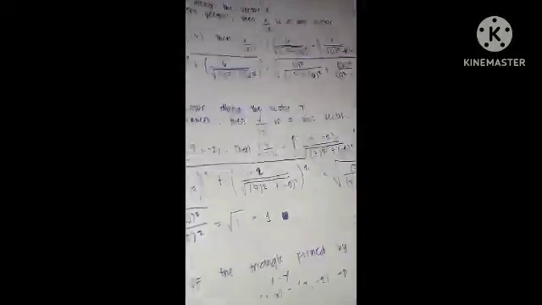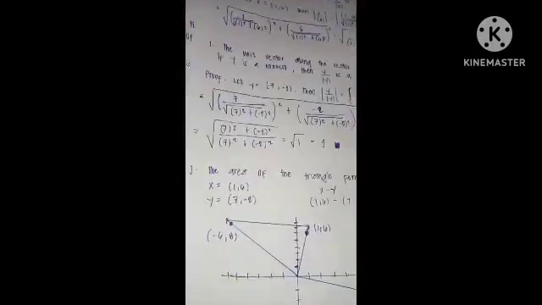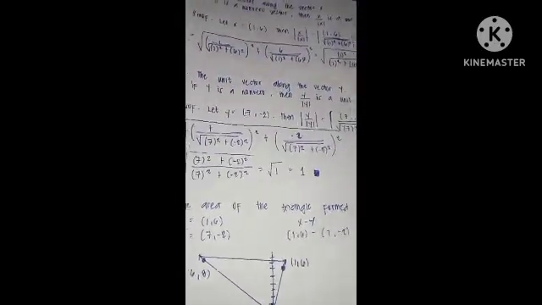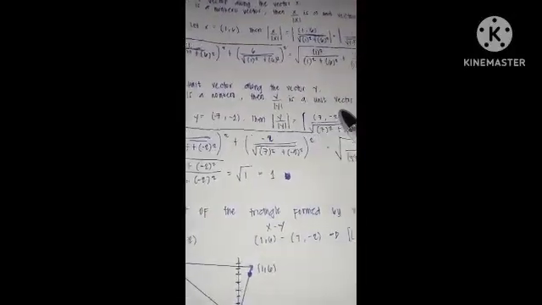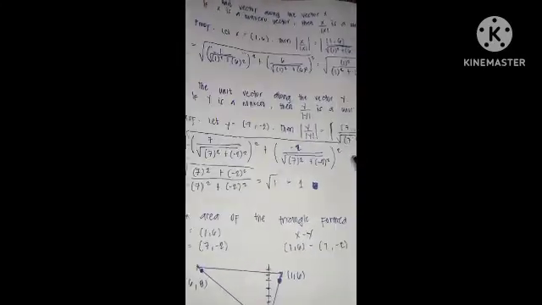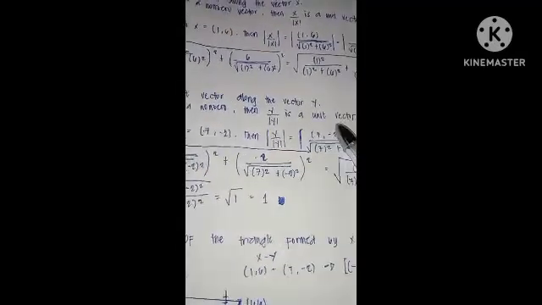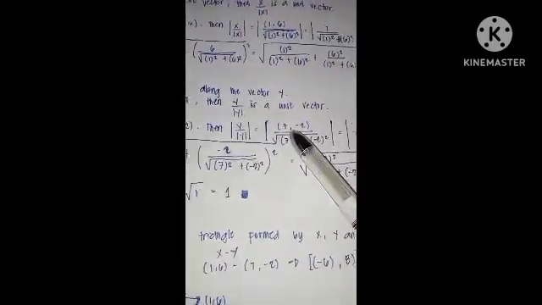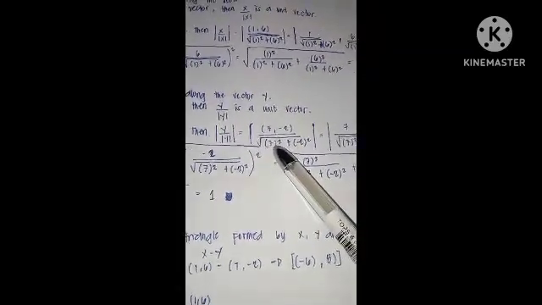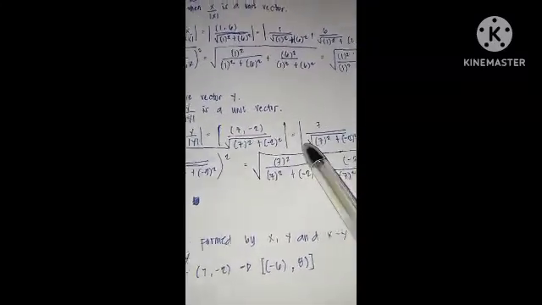Same goes into letter I, but here is if y is a non-zero vector, then y over the absolute value of y is a unit vector. Same process, but here is the value of y ang gigamit. So value of y is 7 and negative 2 over square root of 7 to the power of 2 plus negative 2 to the power of 2.